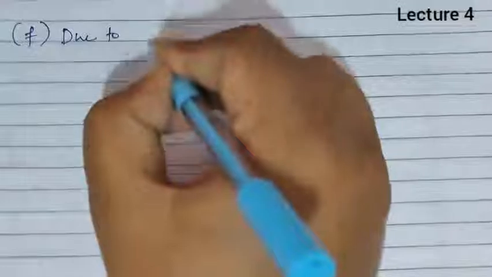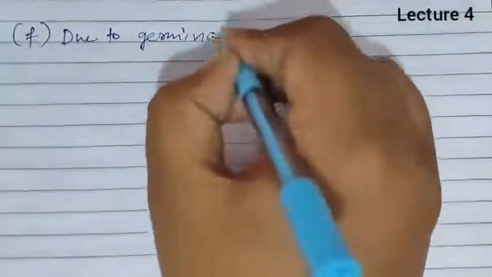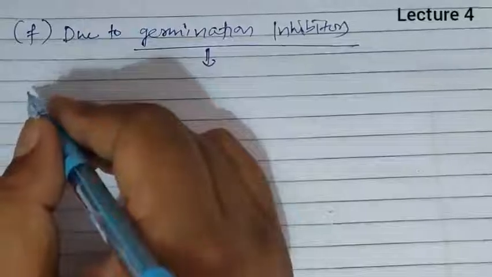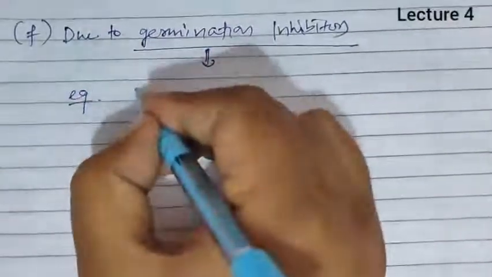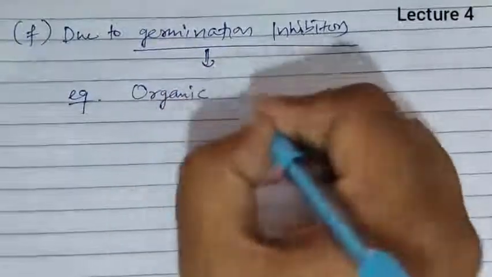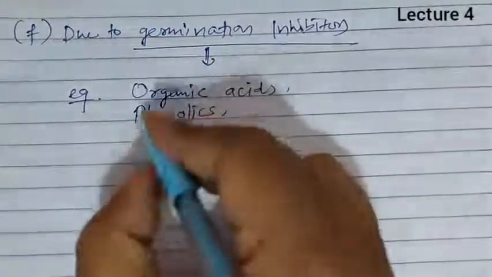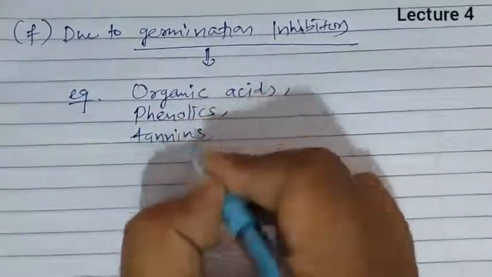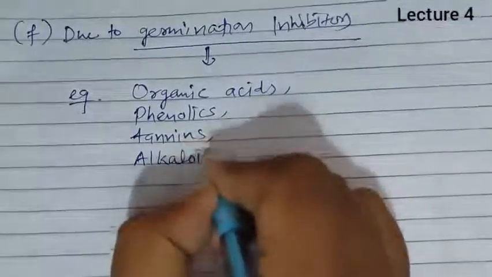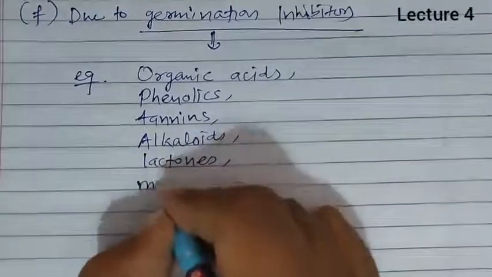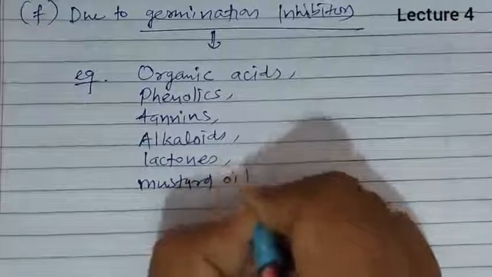Dormancy can also be observed due to the presence of germination inhibitors within the seed. Examples of germination inhibitors are chemicals like organic acids, phenolics, tannins, alkaloids, lactones, and mustard oil.